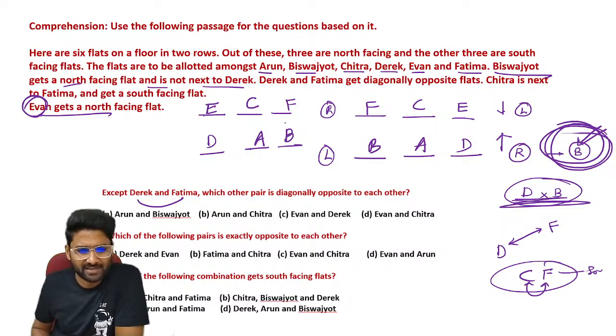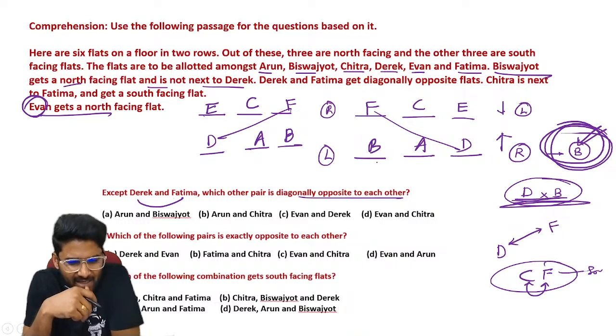Except D and F, which of the others are diagonally opposite to each other? So B, E are opposite to each other, but you can't see that option.